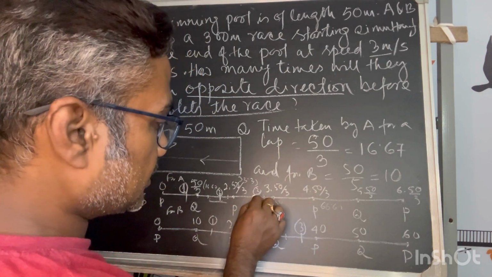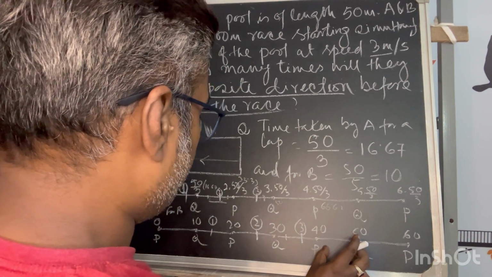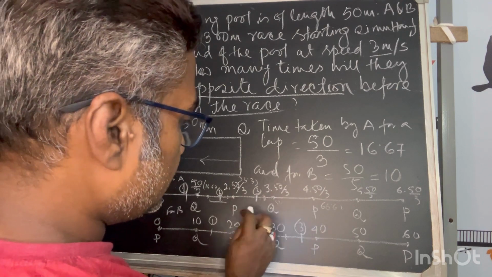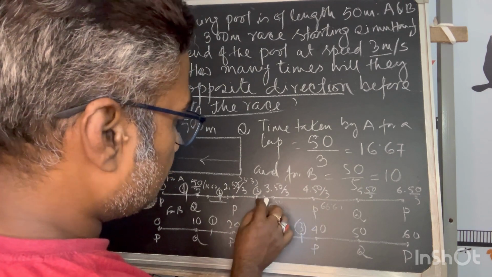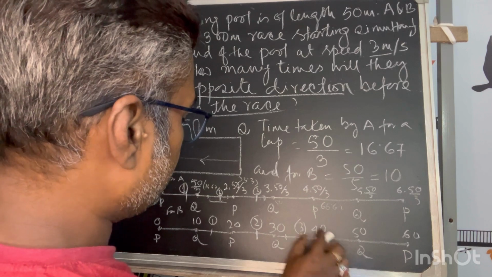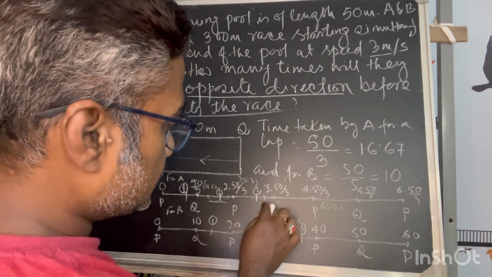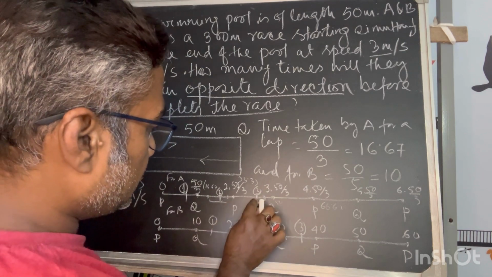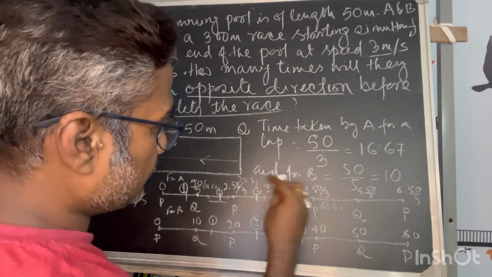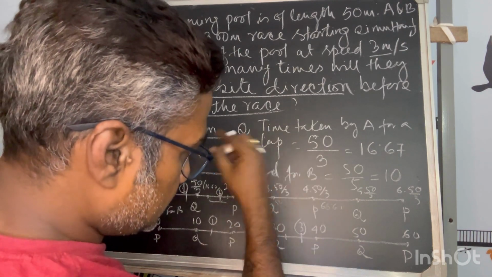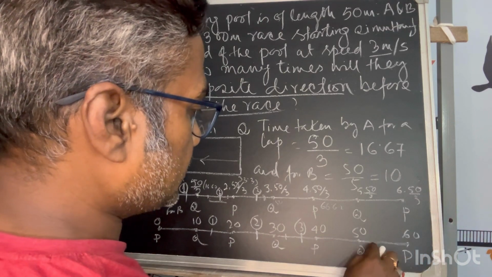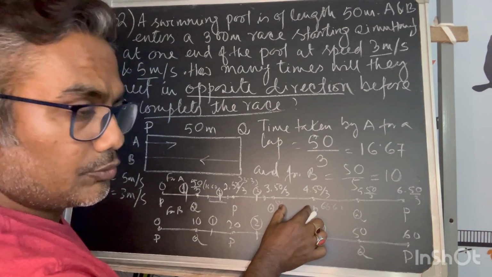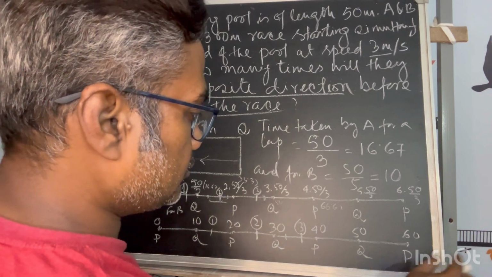So below that, third time he has met 40 to 50, 40 means here, 250 means here. In between 40 to 50 he will be in P to Q, already they have met once, so there is no chance of meeting again. This zone is already met, then after once crossing he will not meet again unless he is moving to another lap. When moving to another lap, he will be Q to P, he is in Q to P, so they are in the same direction, no chance.